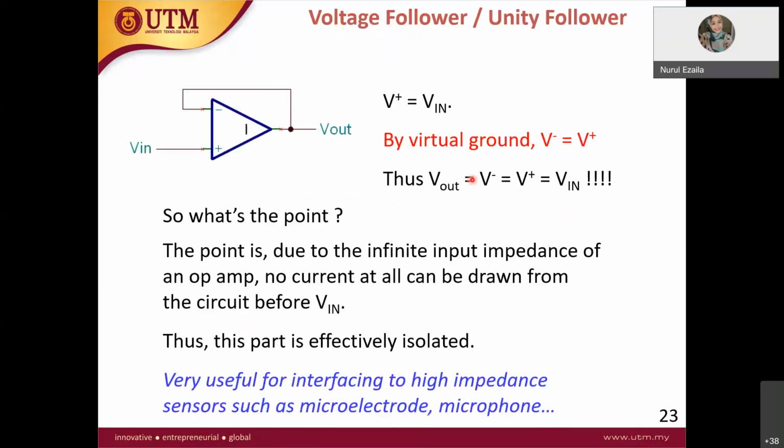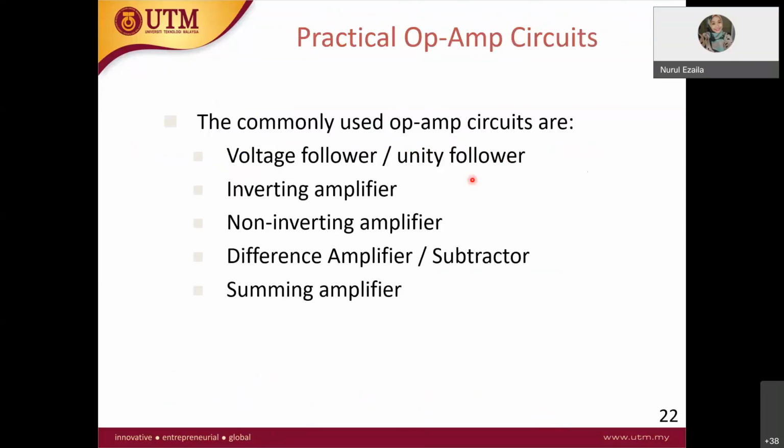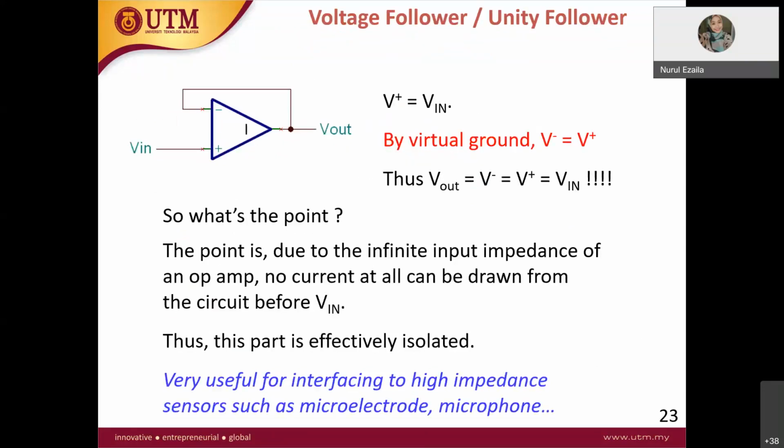For example 1, the voltage unity follower, or voltage follower. For this one, you have an op-amp and no resistor. The input goes to V plus, and V minus is connected to V out.